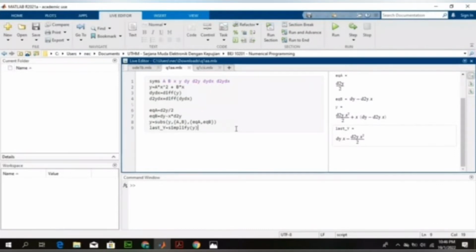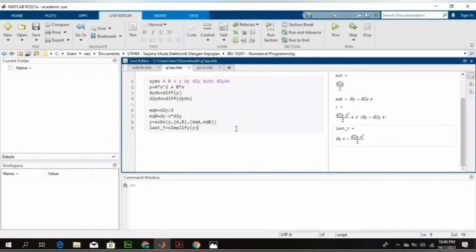So y is ax square plus bx. So dy dx, differentiate y, and d2y dx, differentiate dy dx. So for equation A, I get d2y over 2, and for equation B, get dy minus x d2y.